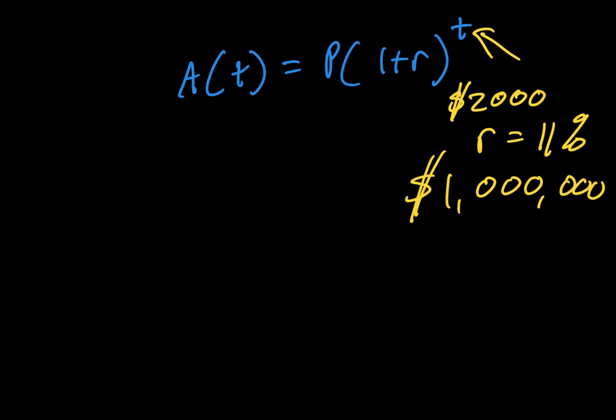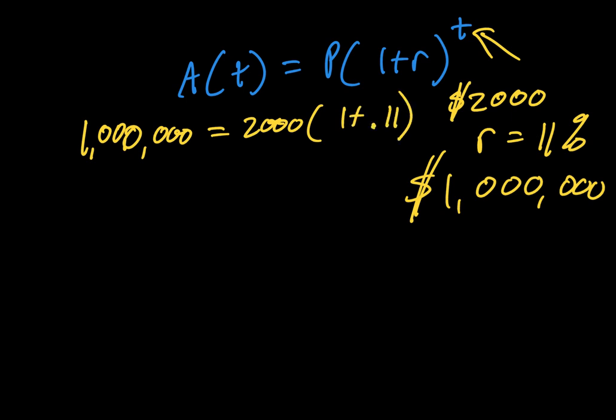So we would look at a scenario like this and say, well, my ending amount is $1 million. This will equal my principal, 2,000, times 1 plus my rate, 0.11. But now I have this unknown time, because I don't know how long it will take me to get there. So we need to solve for t.